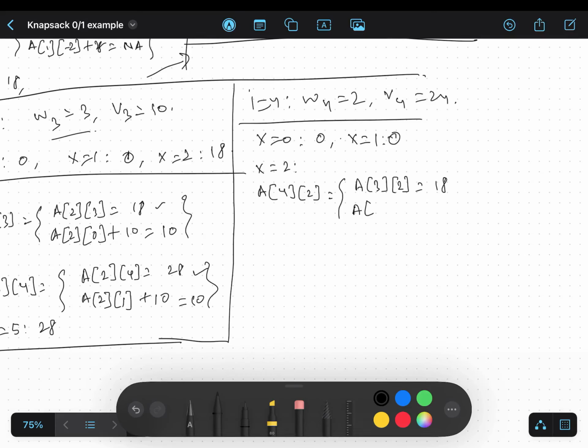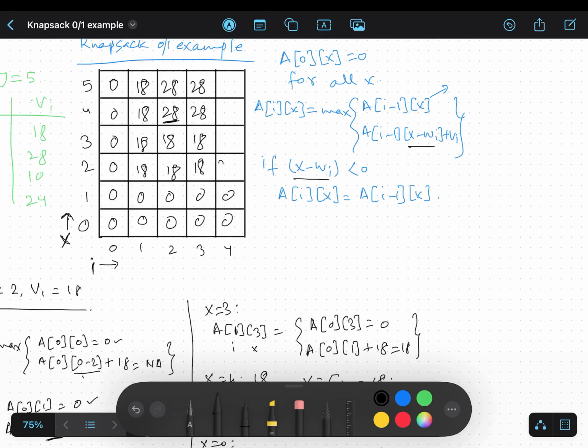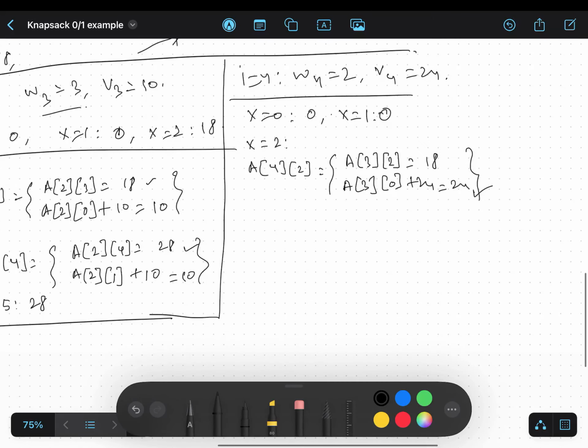And A[i-1] is 3, and x is 2 minus w4 is 2, which is 0, plus 24. So that is 0 plus 24, which is 24, and we get a max of this. So A42 is 24. Similarly, we are going to get this 24. So then x equal to 3 will be 24.